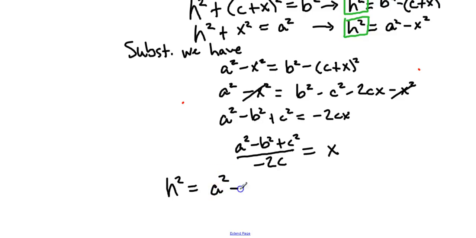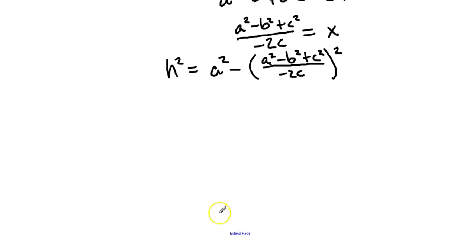A squared minus this entire quantity, so it's a squared minus b squared plus c squared over negative 2c, squared.